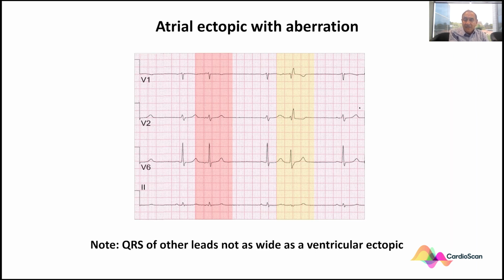This highlights the fact that an atrial ectopic with aberration may in fact have a narrower QRS than a ventricular ectopic.